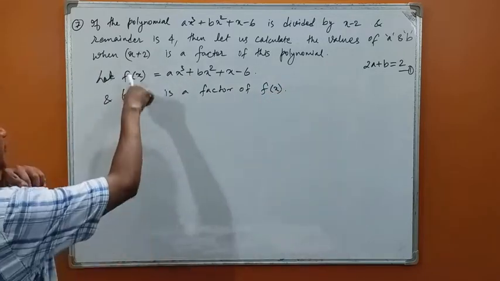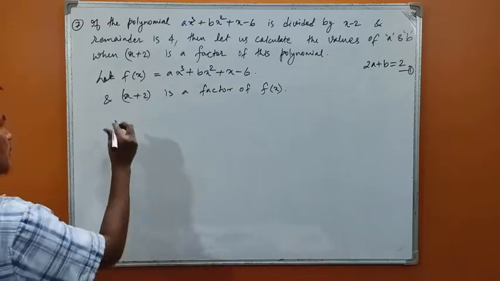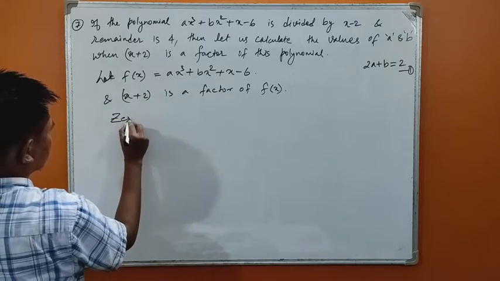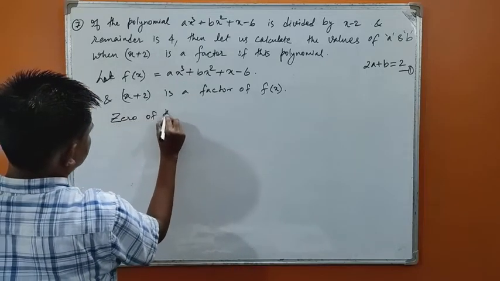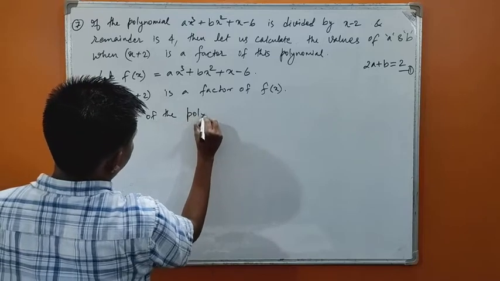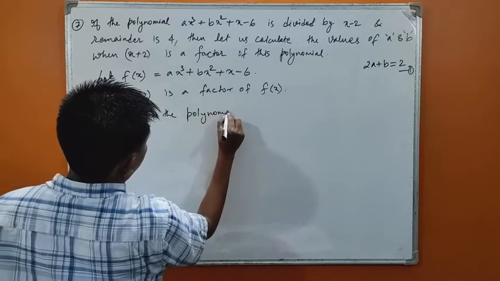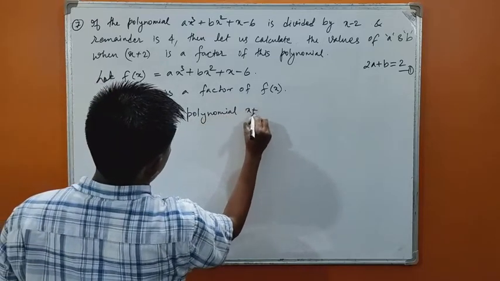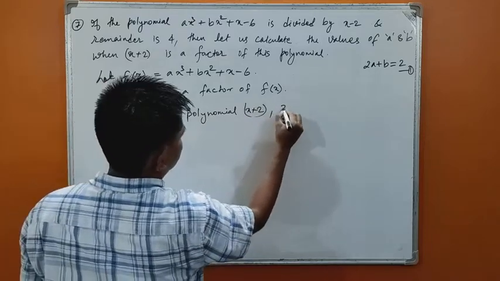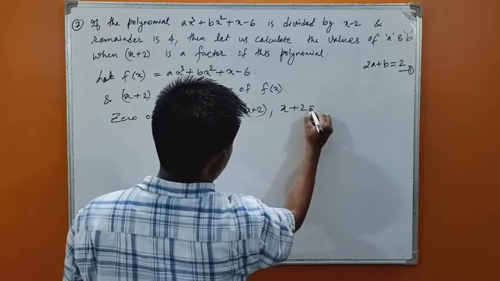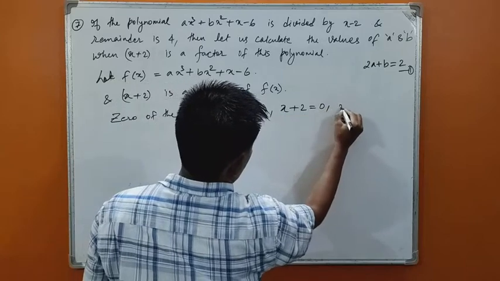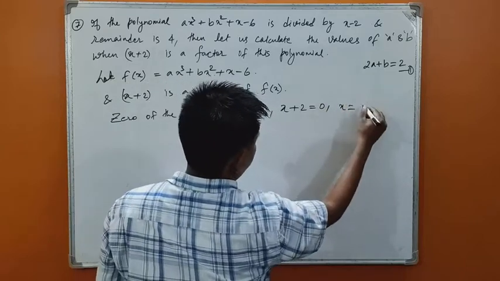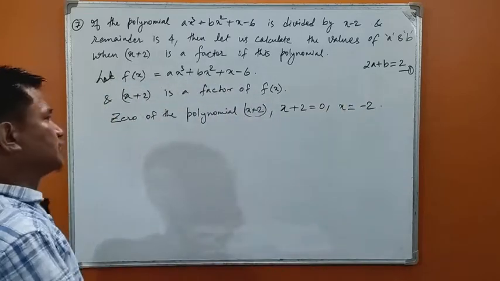So f(x) means the polynomial. Setting x plus 2 equal to 0, x equals plus 2 becomes minus 2 when we take it to the right hand side, isn't it?